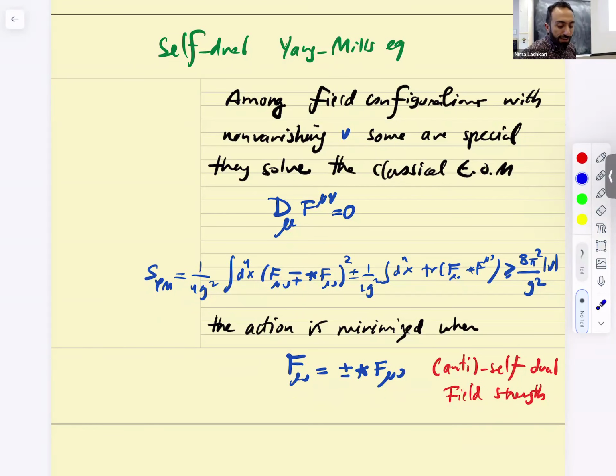We're going to write down the Yang-Mills term in the following form. We're going to write F mu nu minus plus star F mu nu squared minus this term. Right? So this is the standard theta term. This is the thing that has the combination of the two, and this is the Yang-Mills.